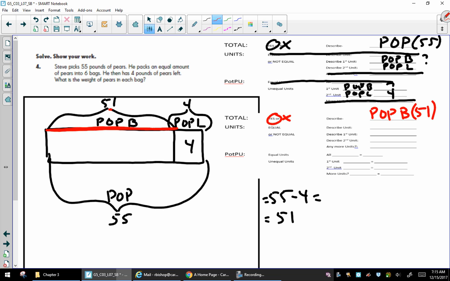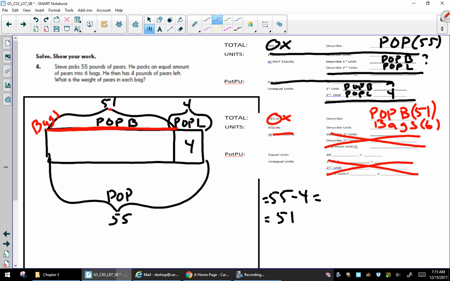Well, what are the units? The units now are bags. They're equal, so I can get rid of this. Bags are the unit. Do we know how many bags? Yes, there's 6.